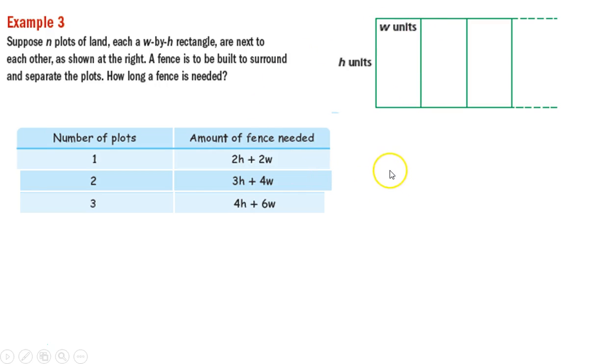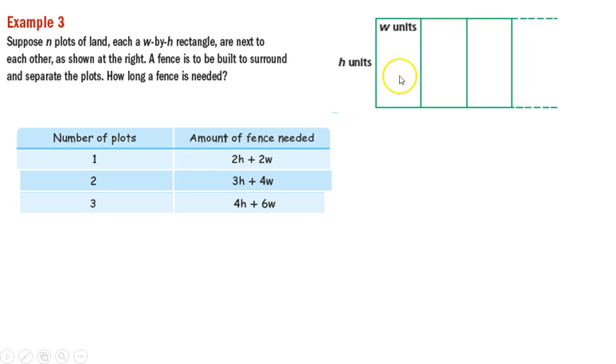And if this trend continues, we might be able to see a pattern at this point: we're multiplying W by twice the number of plots, because every plot is going to need those 2 W's. We're multiplying the H by the number of plots, but then just plus 1. You'll notice that 3 plus 1 is 4, 2 plus 1 is 3, 1 plus 1 is 2.